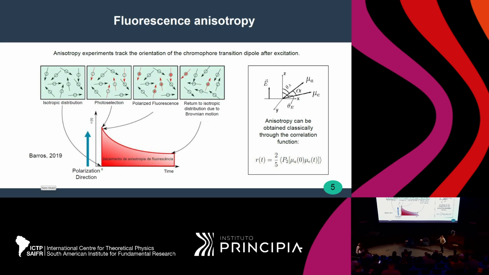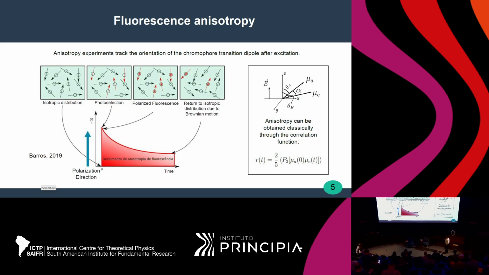One property for which you can do this is, for example, the anisotropy. In the anisotropy experiments, they measure the orientation of the chromophore with respect to the excitation dipole moments. So the transition dipole moments reorient and change their orientation after the excitation.